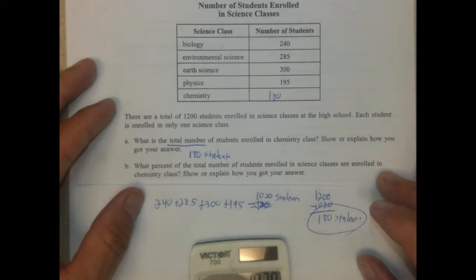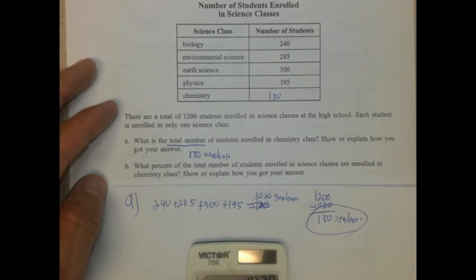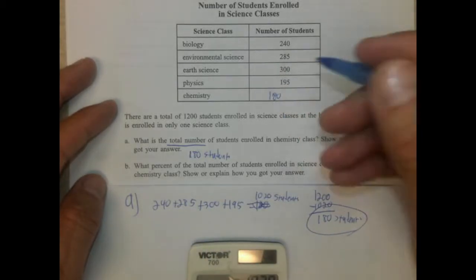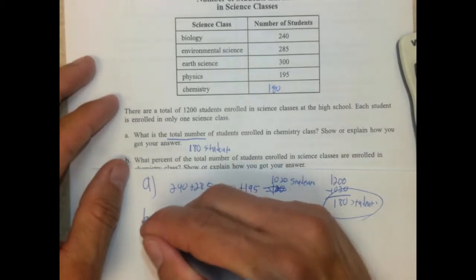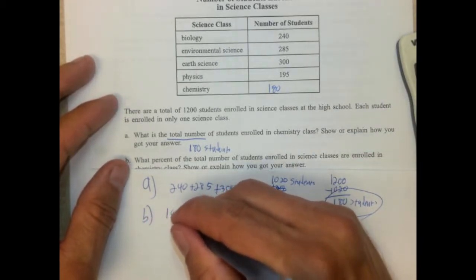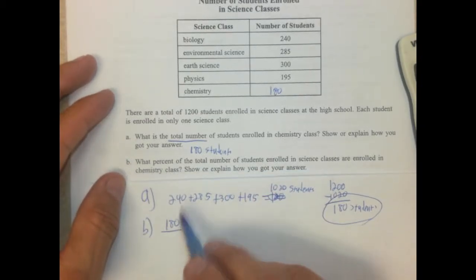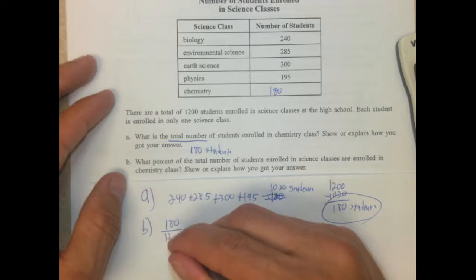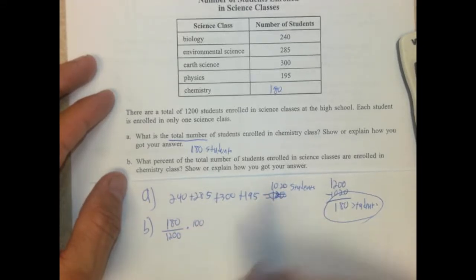Part B, what percent of the total number of students enrolled in the science classes are in chemistry? So now we want to know what percentage 180 is out of 1,200. In order to do that, it's pretty straightforward. We're going to take 180, which is the number of kids in chemistry, and put that over the total, which is 1,200, and multiply that number by 100. So let's figure this out.